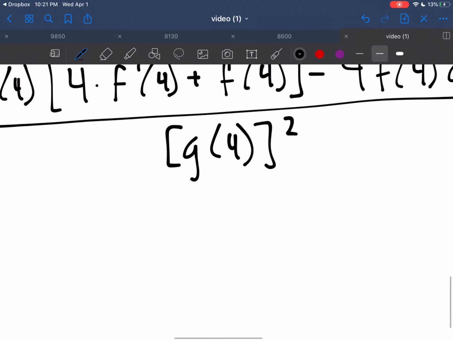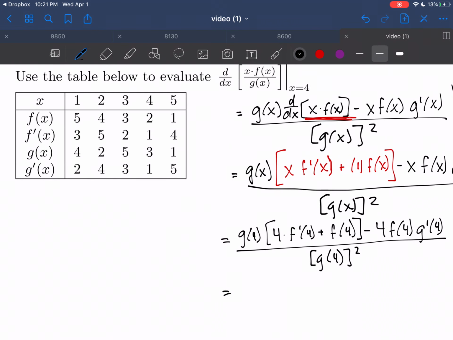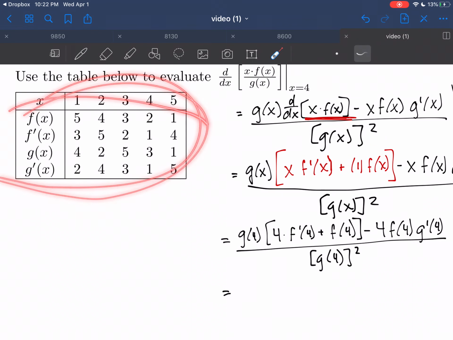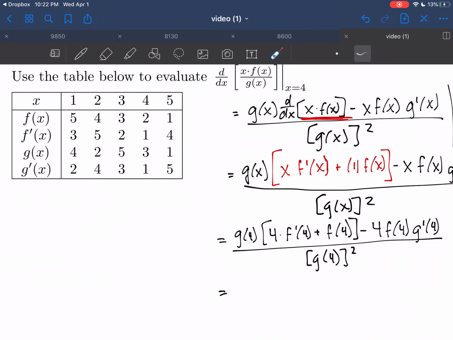All right, so we've plugged 4 in for those, and now, because we don't know the functions, we do instead know all of these values. Okay, so I can go and pull my values from the table. So like g of 4 is going to be 3. Okay, f prime of 4 is going to be 1.